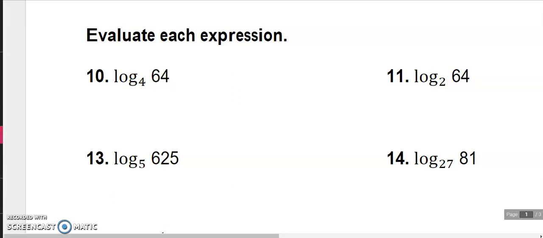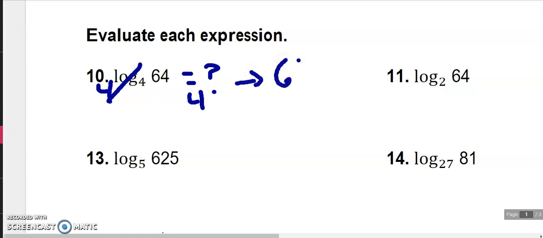So if I'm looking at number 10, and I see log 4 of 64, I know that that needs to equal something. And I know that I can rewrite a log as an exponential equation by matching the base to the other side.